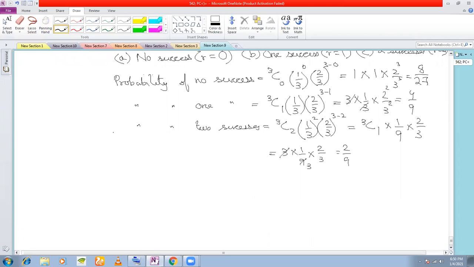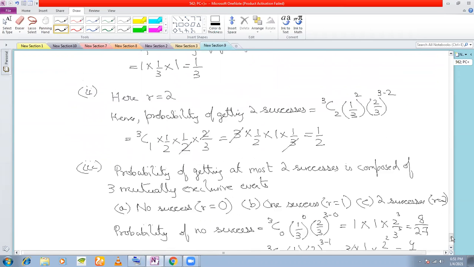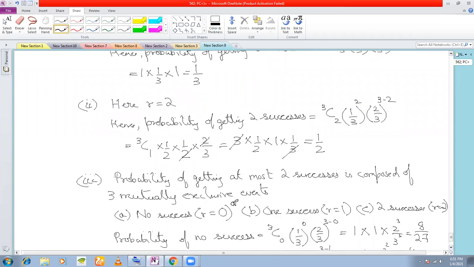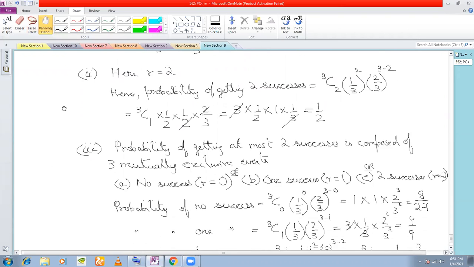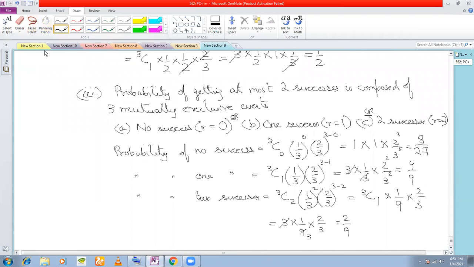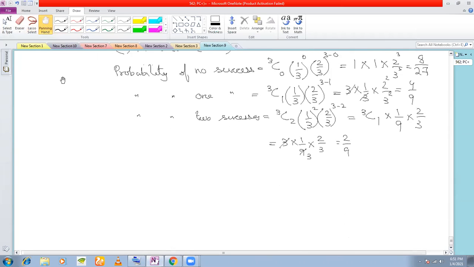Now these events are all mutually exclusive, right? When the events are mutually exclusive, what do you do? See, I have listed the possibilities. There is an or between them. Either zero, no success, or one success, or two successes. So in case of mutually exclusive events, what do you do? We add the probabilities, right?